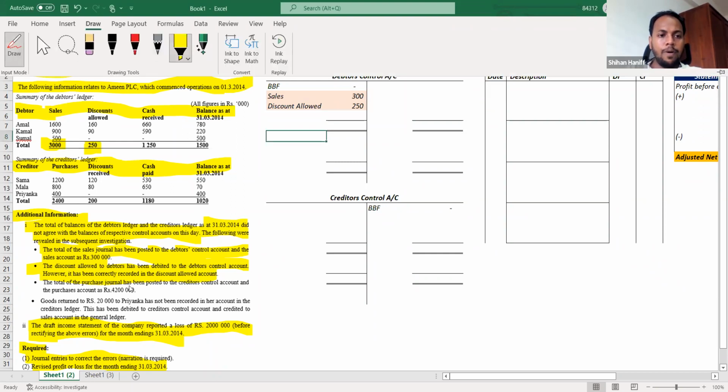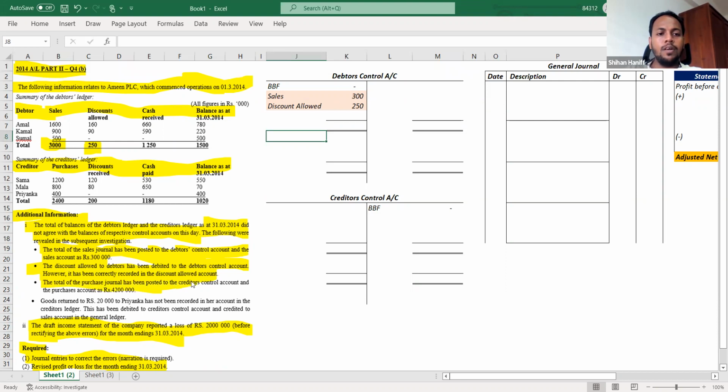the total of the purchases journal has been posted to the creditors control account and the purchases account as 4.2 million. Actually, it's 2.4 million. Here it's 2.4 million, but it is posted as 4.2 million, posted more.